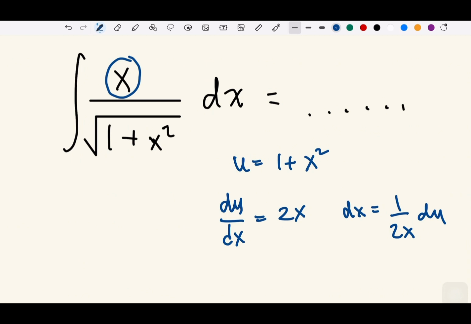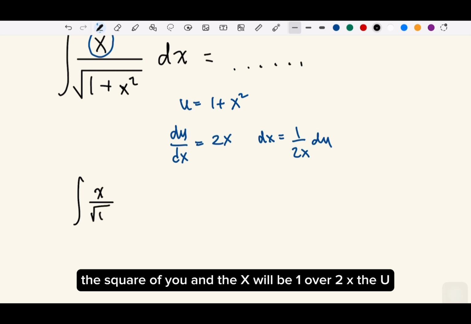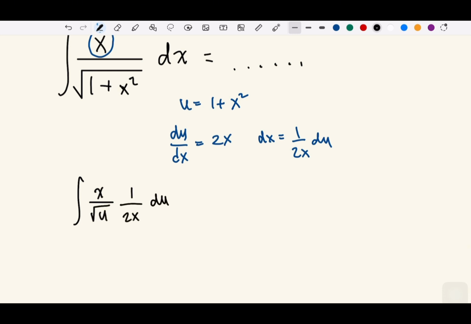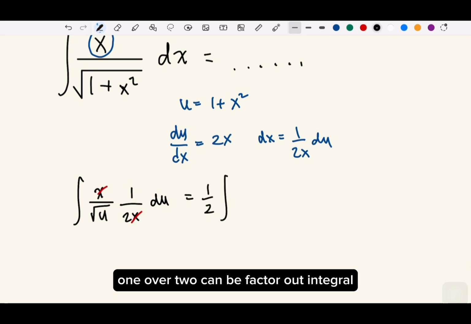You get the idea? Canceling here, we have 1 over 2, which can be factored out of the integral. So we have 1 over square root of u.